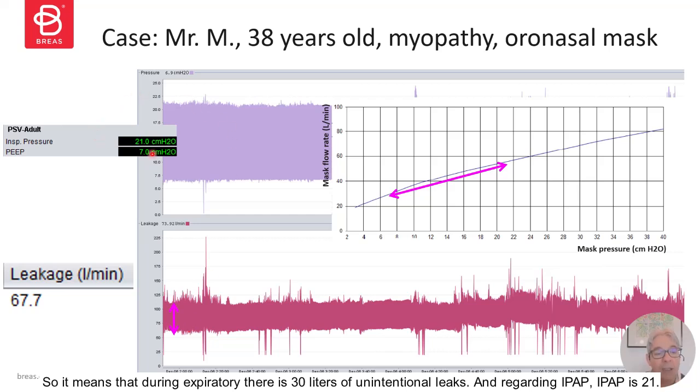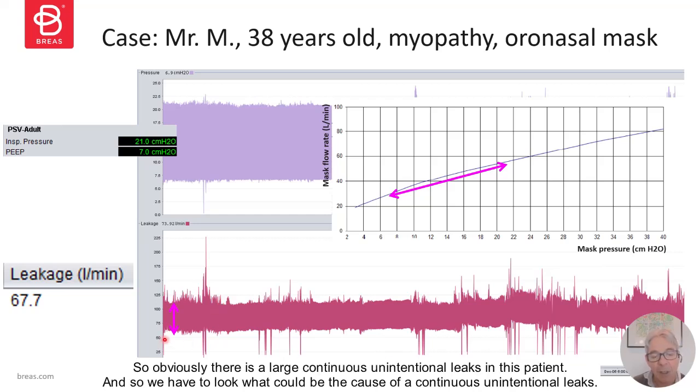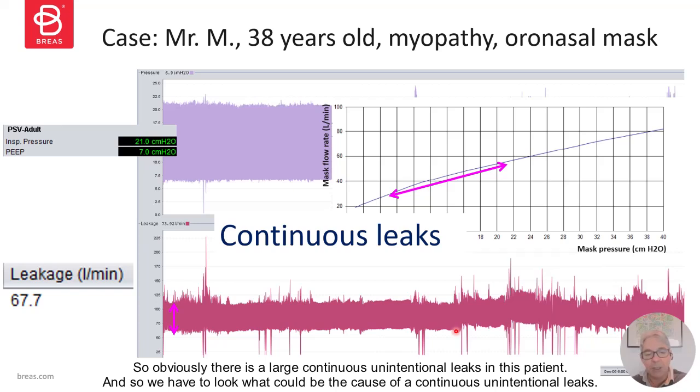And regarding IPAP, IPAP is 21, so we should have something like 55 liters per minute, something like this, and we read 110 or 115. So obviously there is a large continuous unintentional leak in this patient.